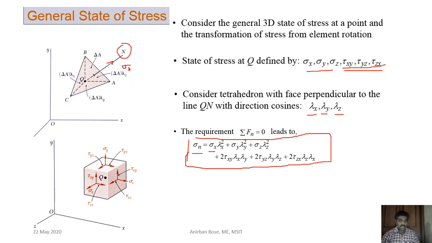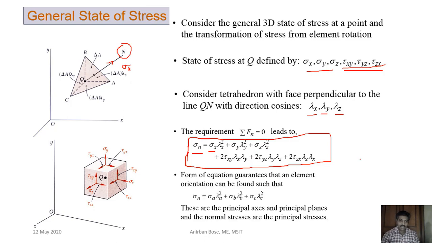So from this expression, it is possible to find out a particular orientation of the plane such that these shear components will become 0. So what will be that orientation where there will be no shear component? That we can always find out, and we already know that particular orientation is called the principal plane, where there will be no shear components.